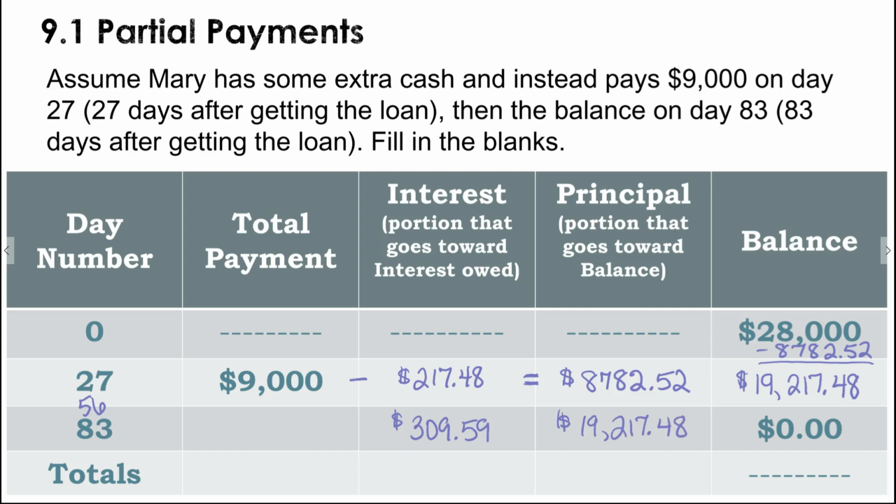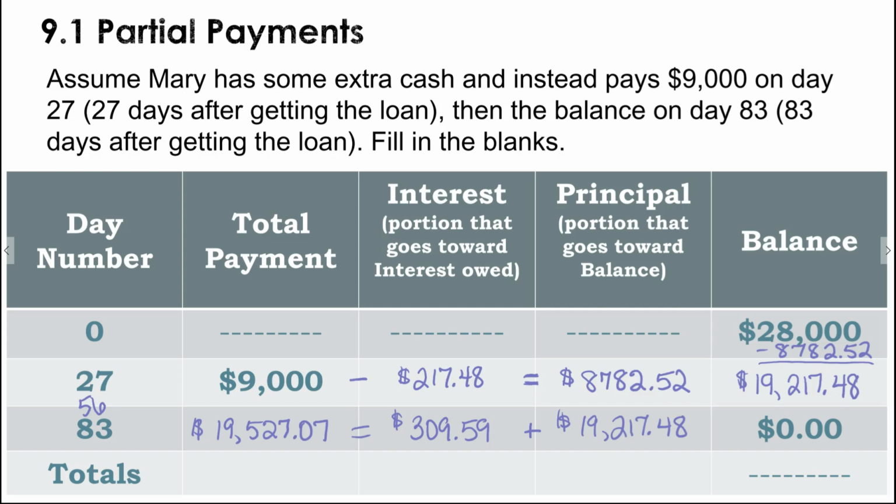So for this part of the loan, we are going to add these two together, and that's going to give us our total payment. So to pay the loan off, right, we're going to have to pay $19,527.07.